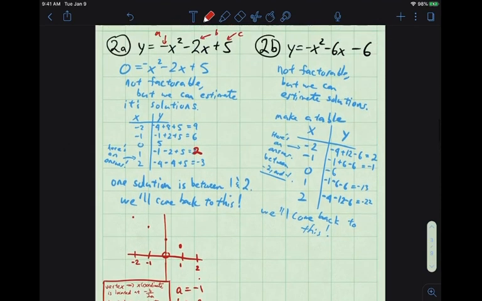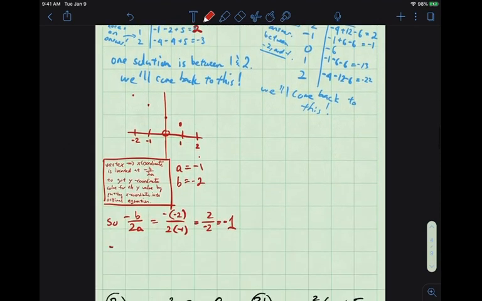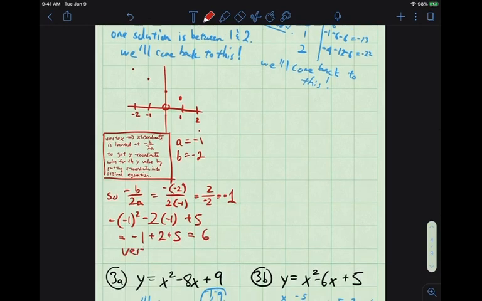Then you go back to your original equation, negative 1 squared minus 2 times -1 plus 5, which equals -1 plus 2 plus 5 equals 6. Vertex is at -1, 6.